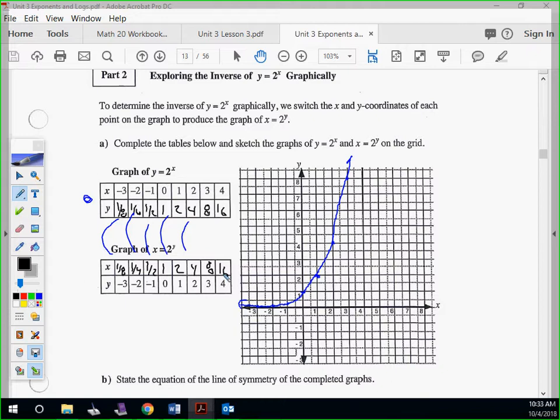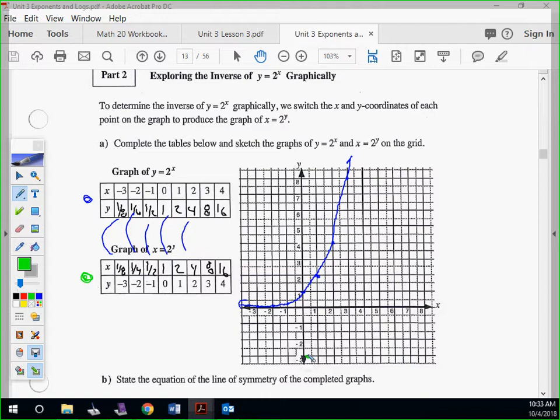Now let's graph what that would look like. Do that in green here. My x is 1/8 now, so that's a little different. My x is 1/8, so I'm just barely off the y-axis. At 1/8, I'm at negative 3, so I'm down here.